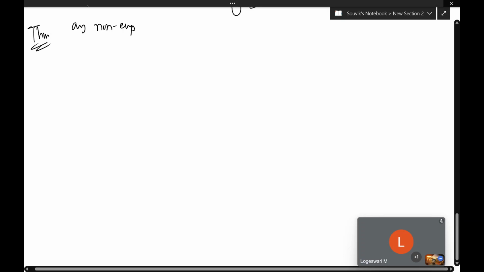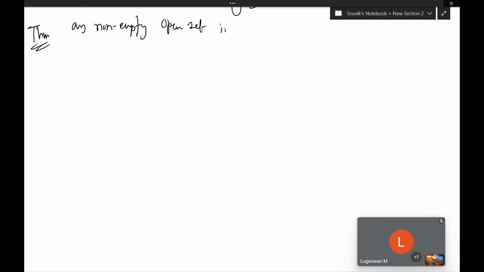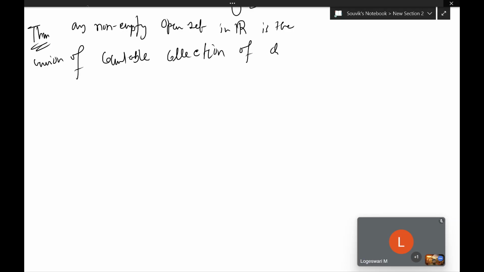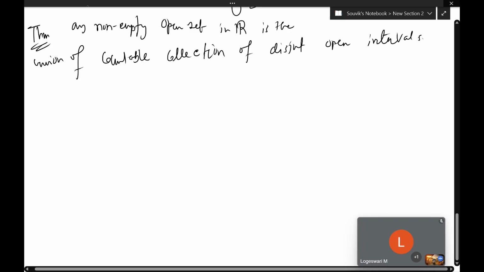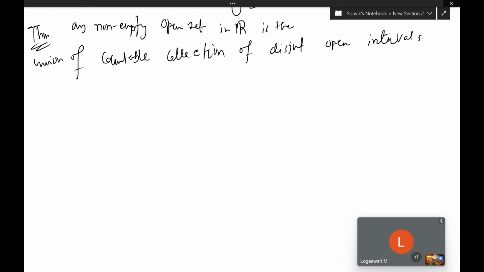Any non-empty open set in R is the union of a countable collection of disjoint open intervals. So this tells that any open set in R is the union of a countable collection of disjoint open intervals.